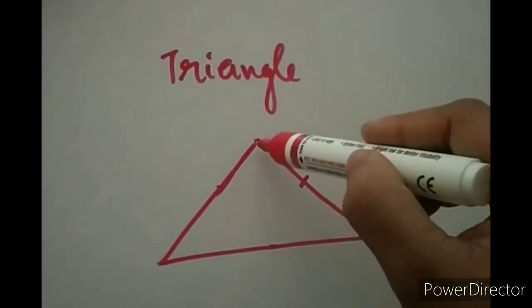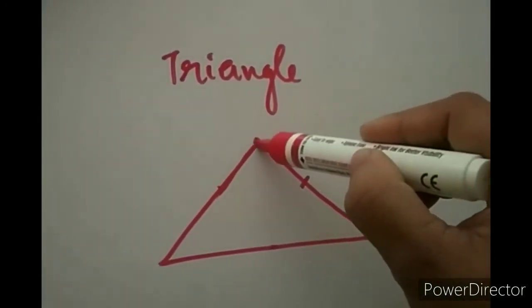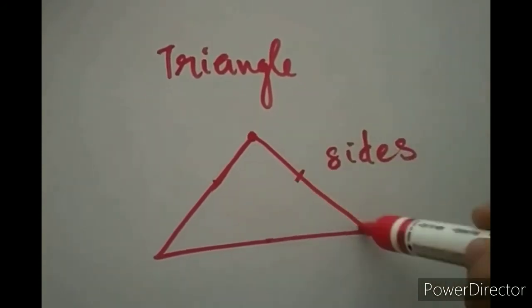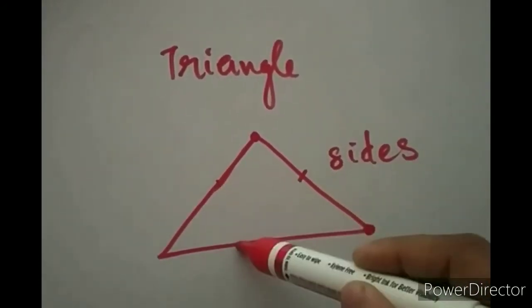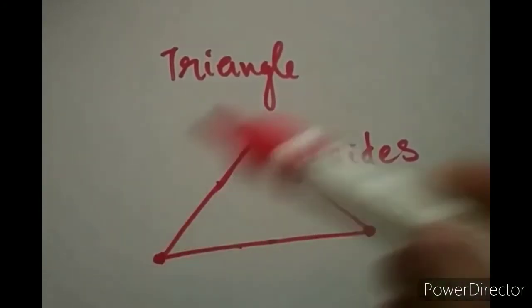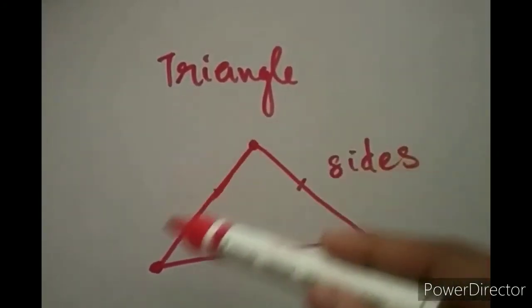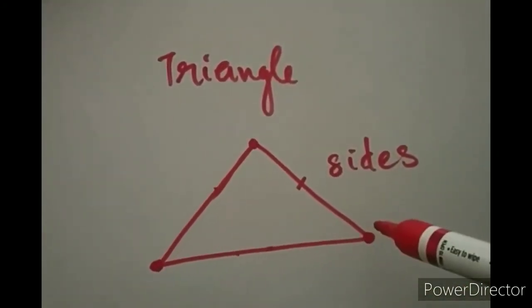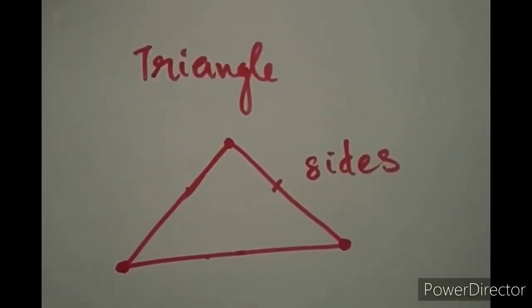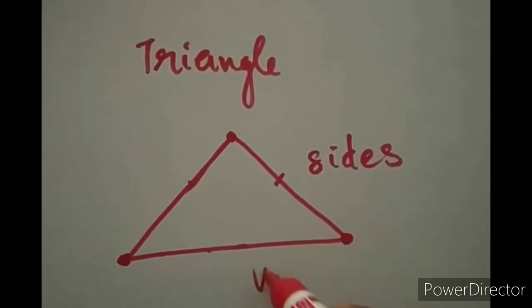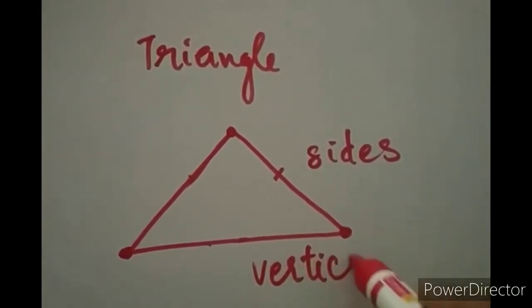These 2 lines meet at this point, and these 2 lines meet at this point, and these 2 lines meet at this point. And these 3 points where the line segments meet each other are called the vertices.